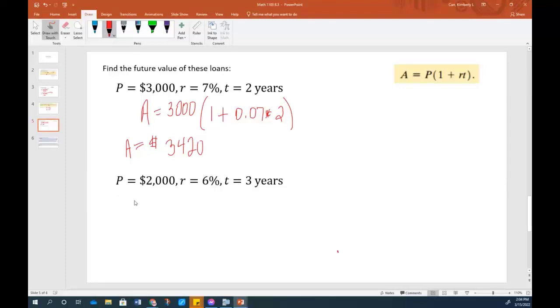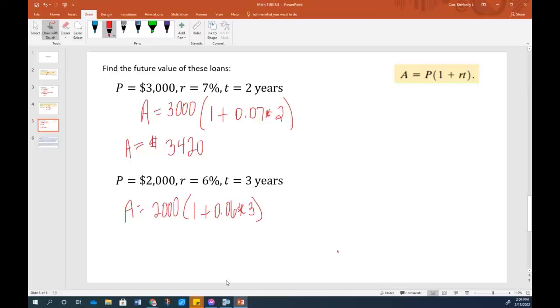All right, let's do it one more time. A is equal to the principal times, with parentheses, 1 plus 0.06 times 3. Do make sure that the 3 is in years.